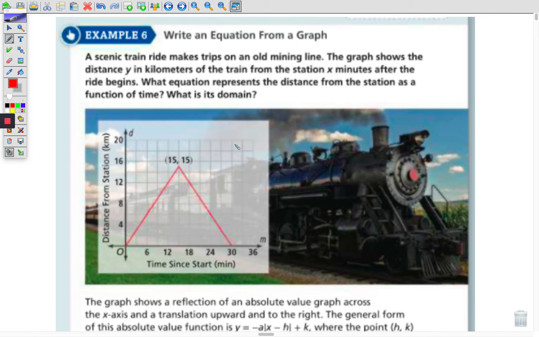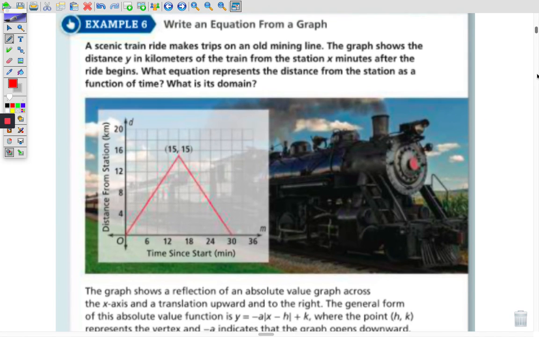What is its domain? So it's saying at 0, 0, we haven't started our train ride and we're still at the station. But by 15 minutes, we should be 15 kilometers from our station. In total, this ride takes 30 minutes to get back to the station, is what that graph is saying.